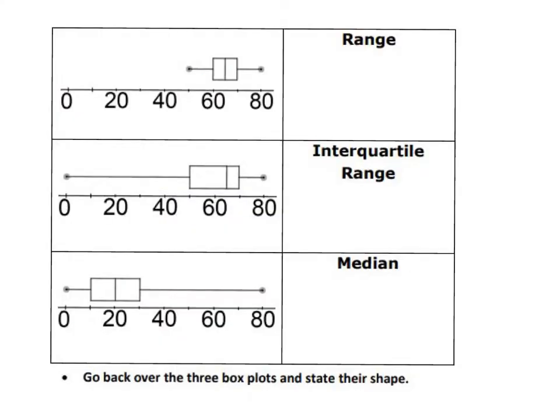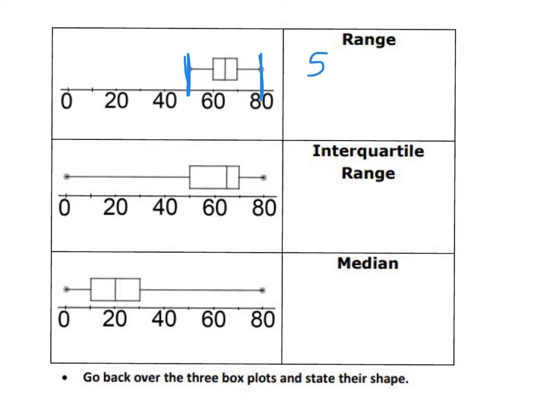Okay, now what we're going to do is find different things from our box plot. So in this case, you have to find the range. Well, to find the range, don't you use the lower extreme and the upper extreme? So the lower extreme would be what? 50. And the upper extreme is 80.